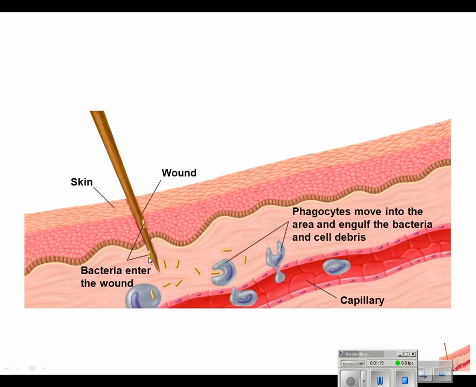There's bacteria there, and what happens is there's going to be phagocytes that move into the area and actually engulf the bacteria and cells that are there. And in order to do that, it ends up swelling because you have this buildup of fluid, and blood vessels are actually going to almost move closer to the surface. They're going to be dilating and opening up more, so they come closer to the surface.